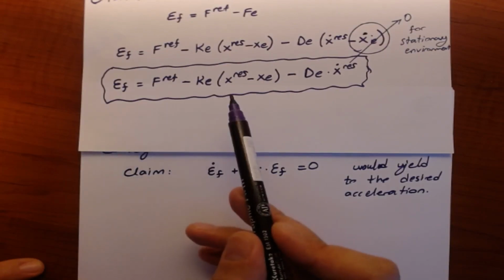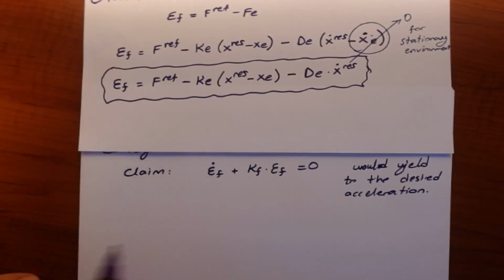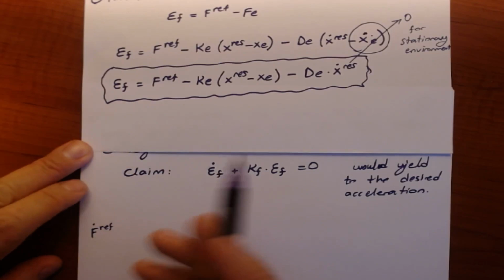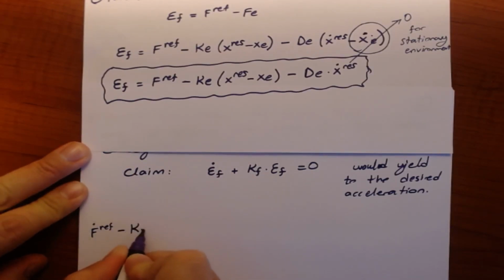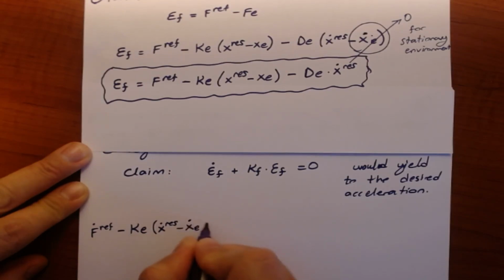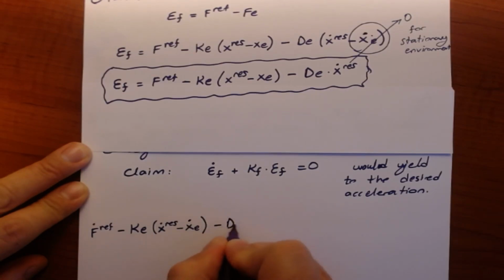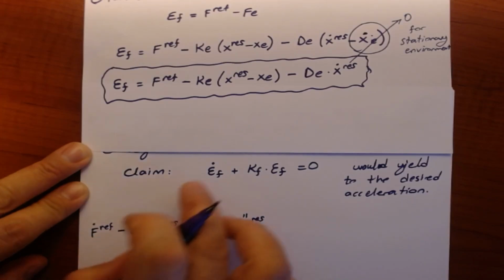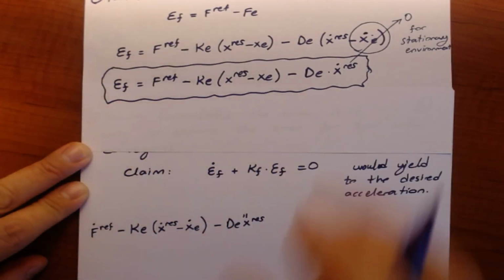So we will take this equation and substitute it here. Simply f reference dot minus ke x response dot minus x environment dot minus de x response double dot. So this is simply ef dot, right?